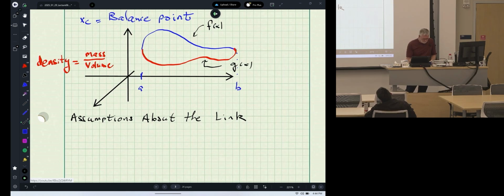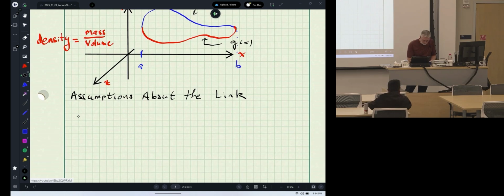Okay, so this is X, Y, and Z. And so the assumptions about the link is that it's constant thickness in the Z direction.